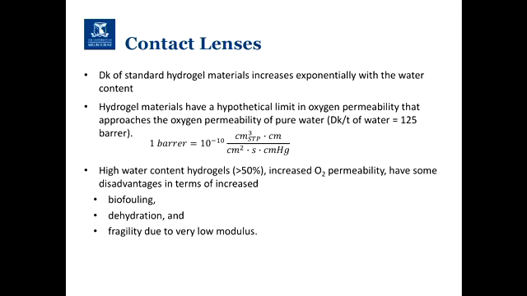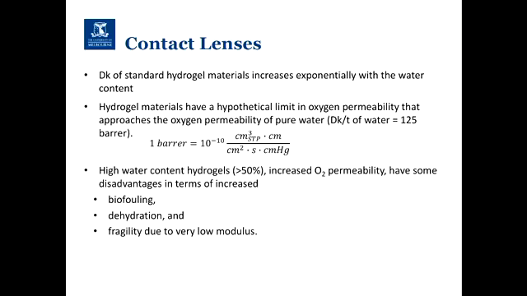So the gas permeability will increase exponentially with the water content. So if you have something that's a high water content, the gas permeability will increase exponentially. So then that may affect which hydrogel material you choose based on what its water content is, if you want a particular gas permeability rate.